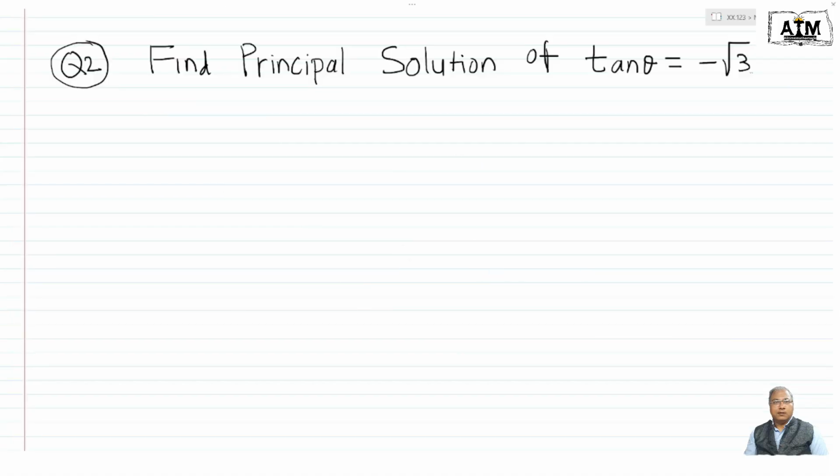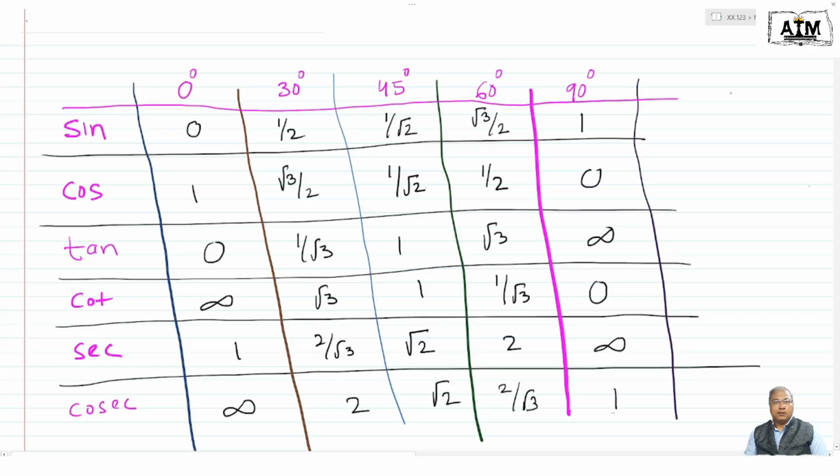Let us solve one more question. Find the principal solution of tan theta equals minus root 3. From the table of standard angles, we know that tan 60 degrees equals root 3.